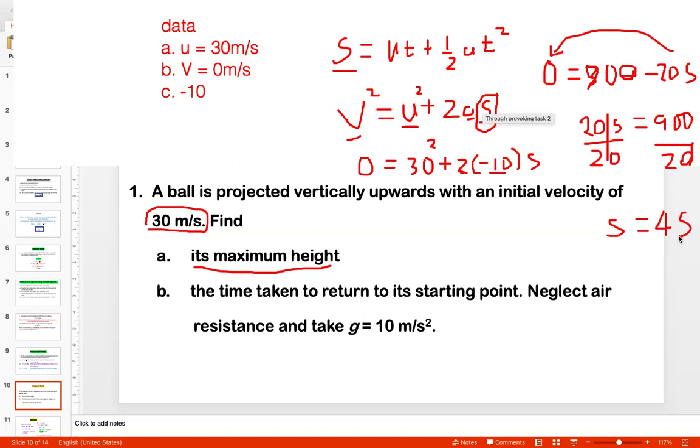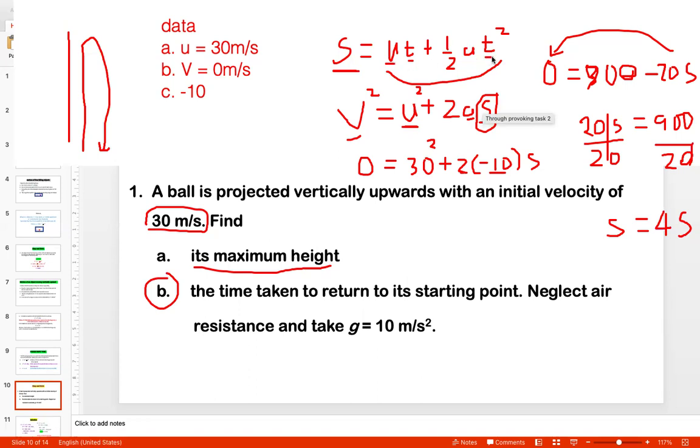Then B says the time taken, how long did it take for the object to reach the starting point? Meaning we're considering how long it took going up and how long it took coming down. So we just find the one value, then we multiply by 2. Because now we know the distance and we have the initial velocity, we can find time.